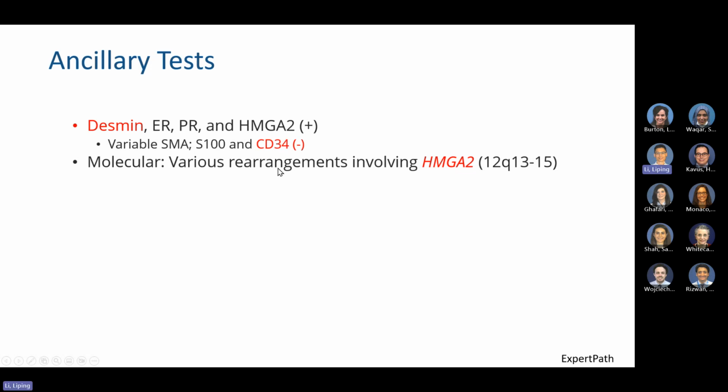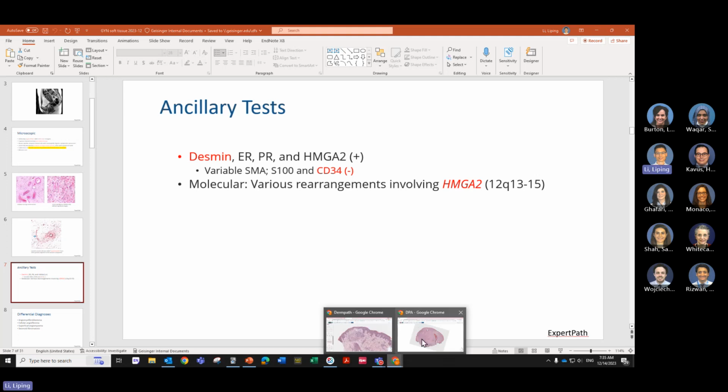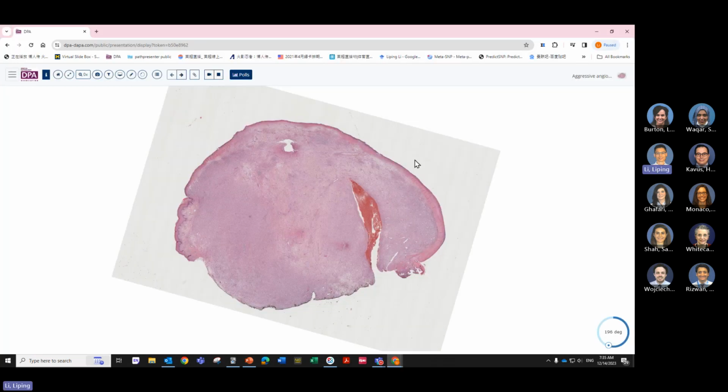So let's see a virtual slide for this entity, aggressive angiomyxoma. We can see this lesion, even in the inked border here, still touches the margin. So it is infiltrative growth and really deep.